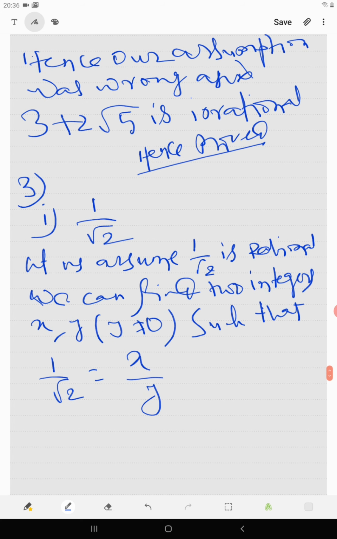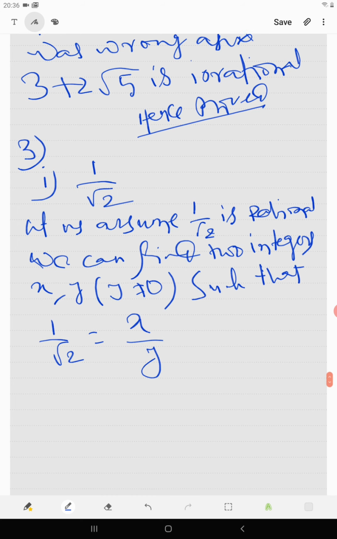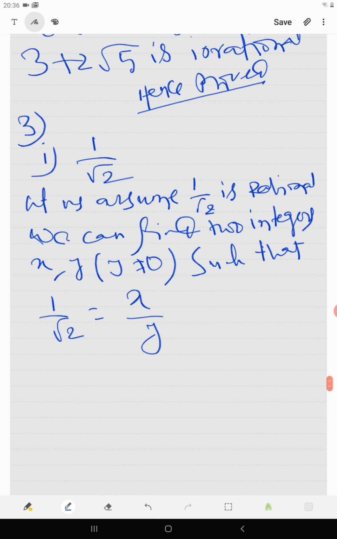So we have assumed 1 by root 2 is rational, and since it is rational, it can be represented in the form of p by q, here x by y. So we have assumed 1 by root 2 is x by y. Now let's invert it. What does it mean?